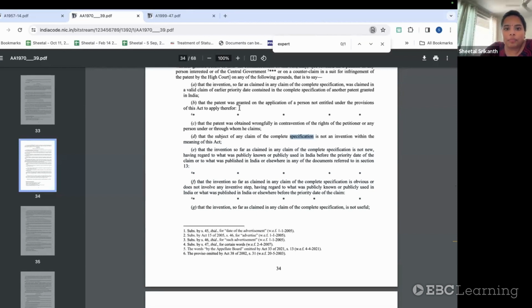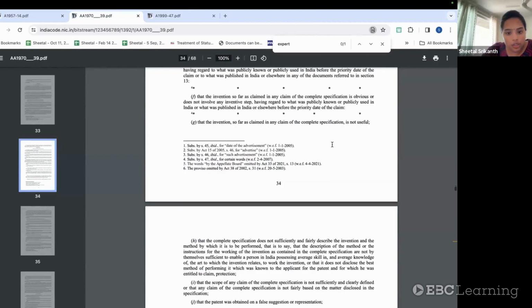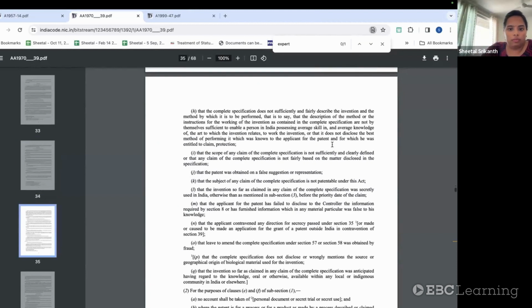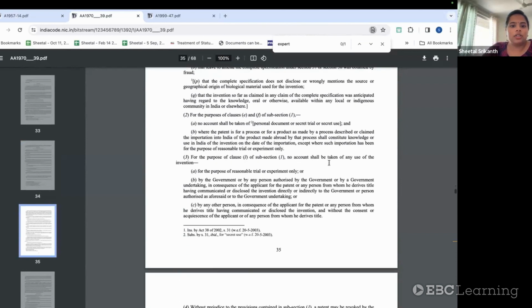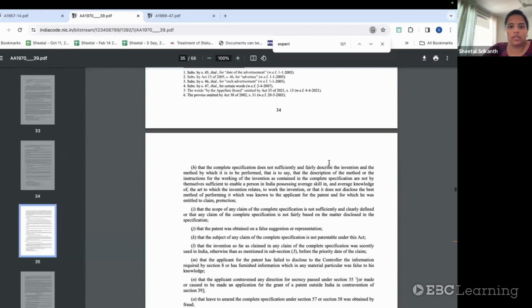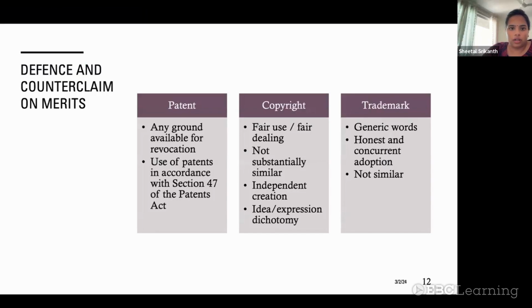And that it is not novel, and that it is not useful, or it is not non-obvious, right? Or it is prevented by false suggestion or representation. So there are several grounds like this. Go through section 64 at your leisure. I'm sure this was also covered in your patents classes otherwise as well. So basically, any ground available for revocation becomes a defense for you in an infringement suit.